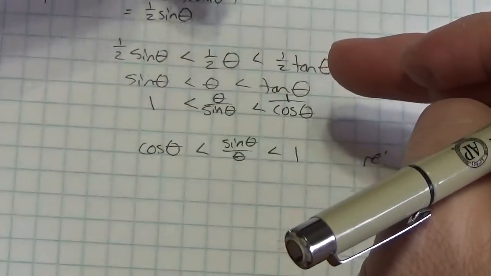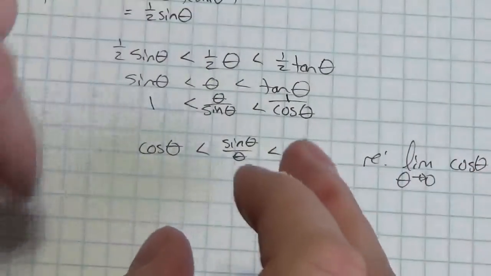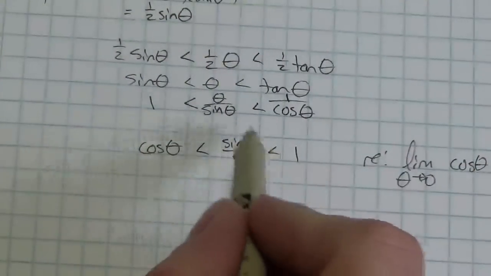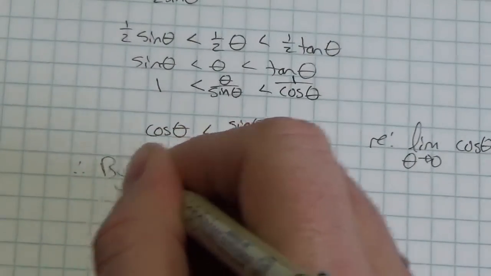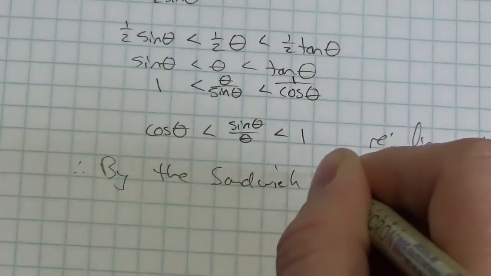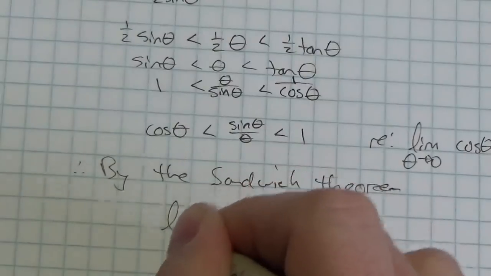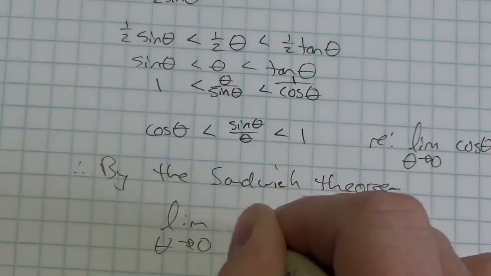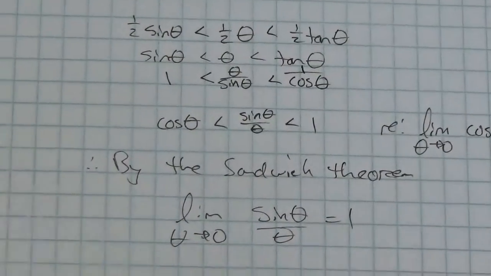Initially I established that it was greater than or equal to this function and less than or equal to this function, then I reciprocated it, so the order switched. But this one's always going to be in between. Therefore, by the sandwich theorem, the limit as theta approaches 0 of the sine of theta over theta must equal 1.